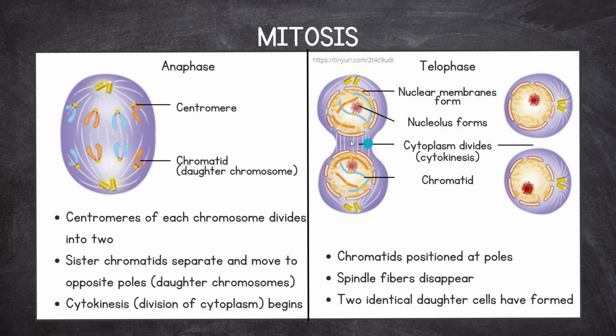Then the cytoplasm will start dividing. This is what we call cytokinesis, remember? And then we are left with 2 identical daughter cells that are now formed. Okay, so that is basically the process of mitosis, and in the next section we will talk more about meiosis.